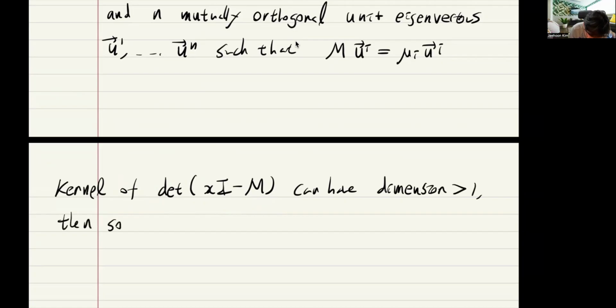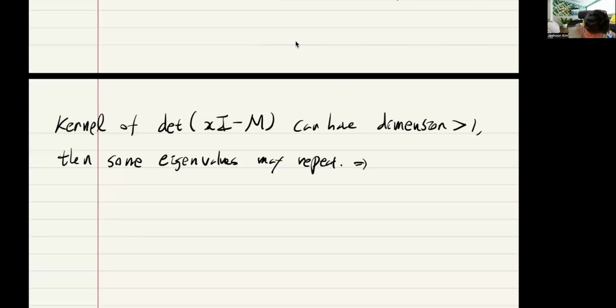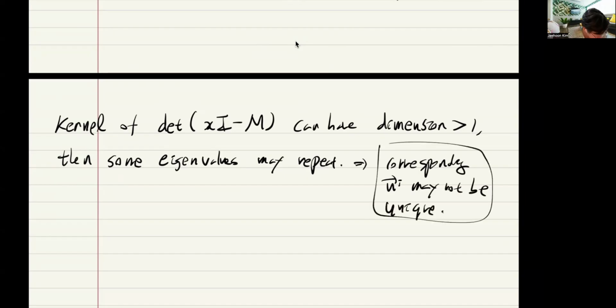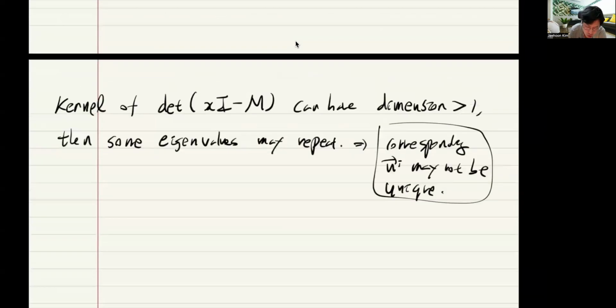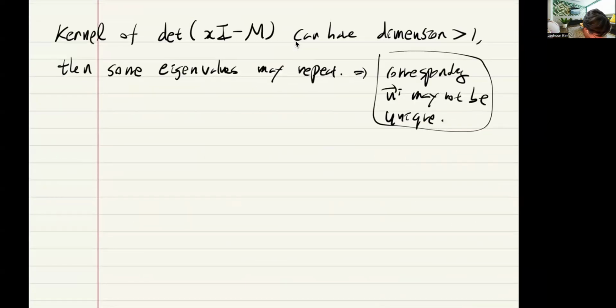Then some eigenvalue may repeat, and in such a case the corresponding eigenvector may not be unique. So there is more than one choice of this eigenvector. But anyway, this gives us that each real eigenvalue has an eigenvector.